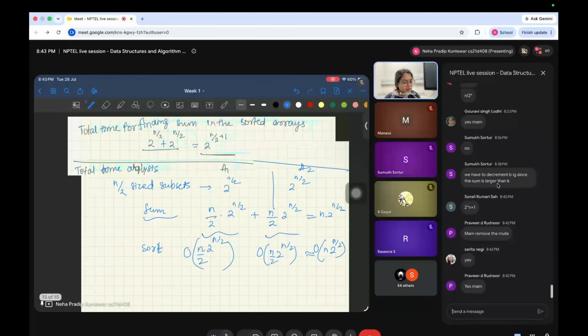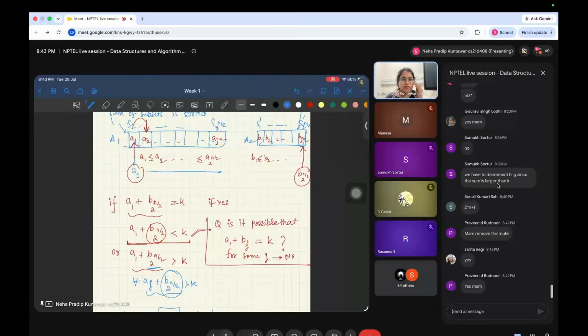And the final step was this merging idea, which borrows intuition from merge sort. You have two sorted arrays. You want to check whether there is an element here and an element here, the sum of which is equal to k. So you went through this procedure step by step.